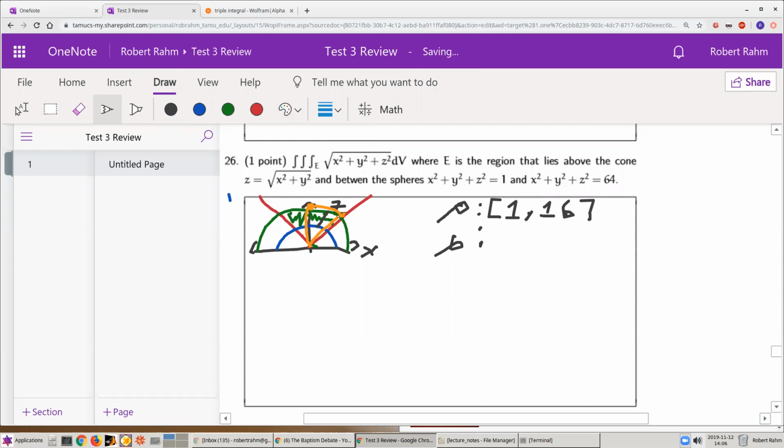When you're at any point on the cone, then phi is equal to pi over 4. And remember, that's because this is a right cone, a right angle cone. And so this means that the angle from the z-axis to the cone is pi over 4.